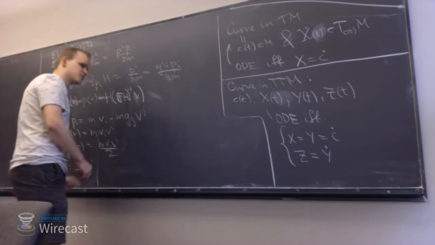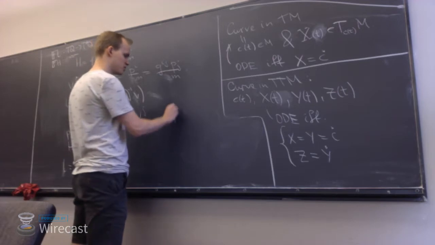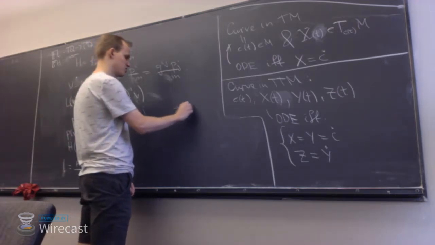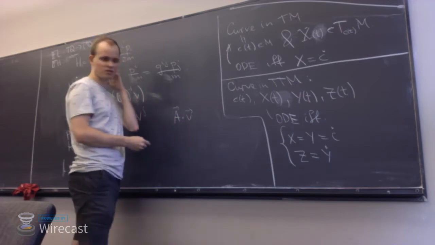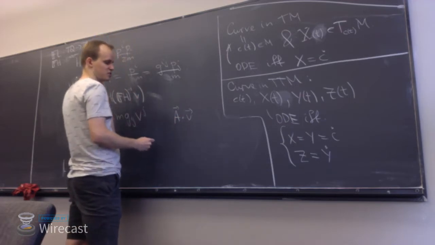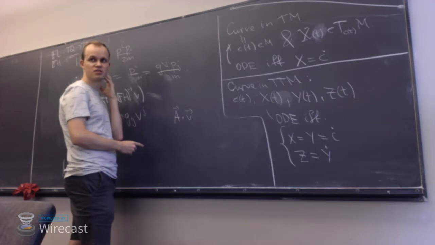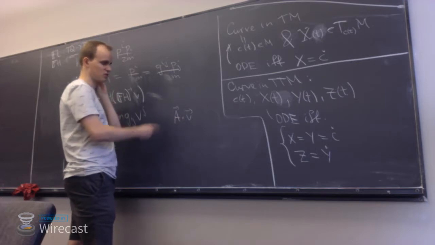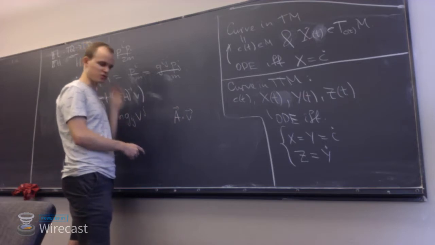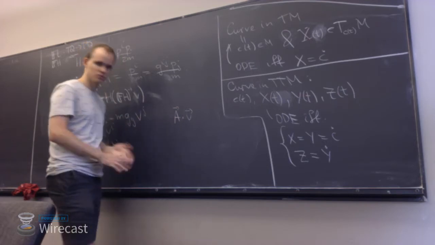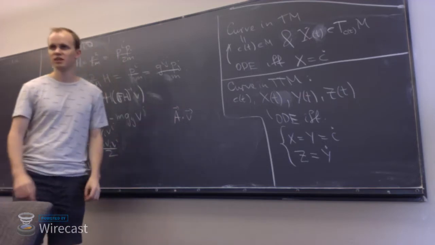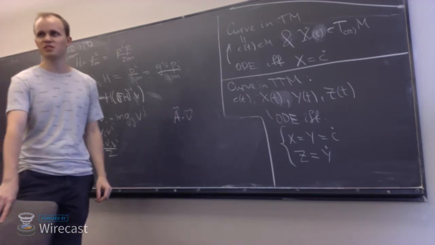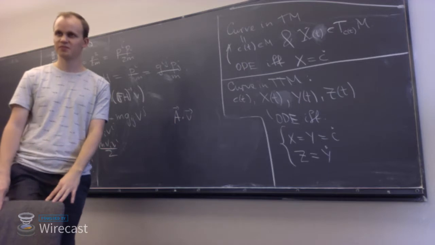So if you consider a gauge theory with a massless particle, then the Lagrangian contains a term which is like A times B, and it's linear in B. So the matrix of second derivatives is going to be 0 with respect to B. So the canonical momentum doesn't exist if it's a massless particle.